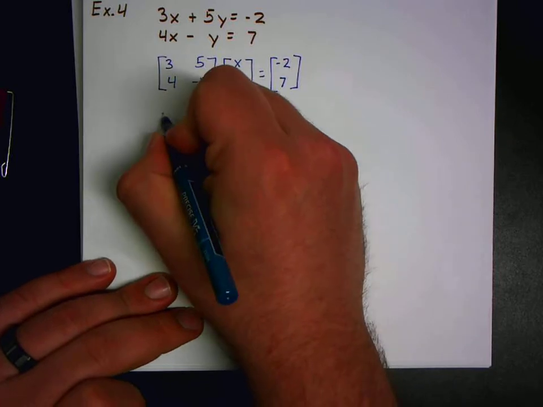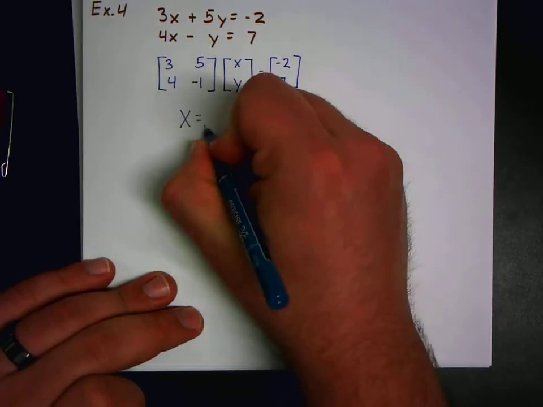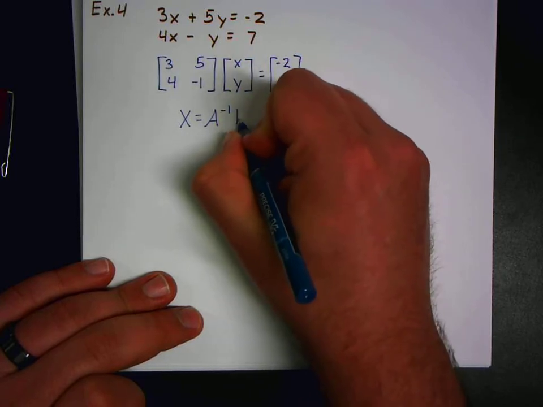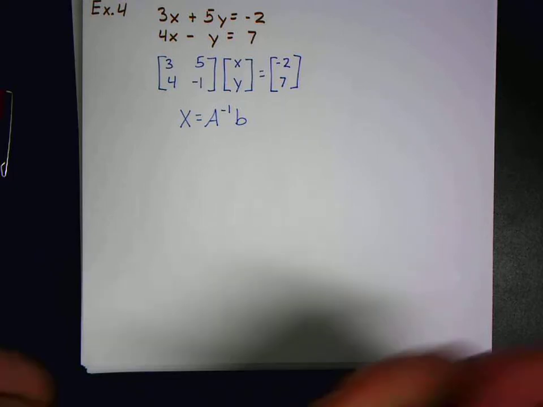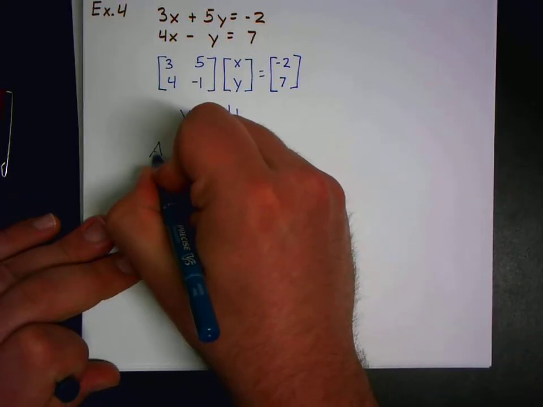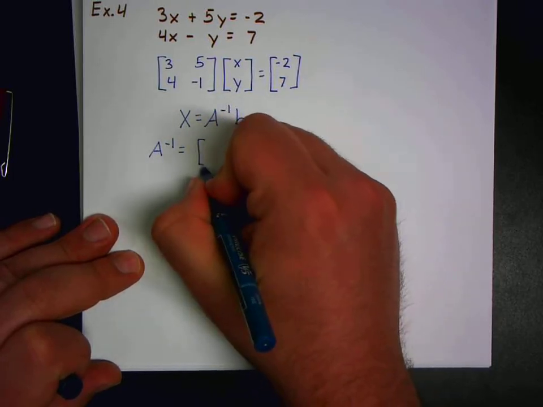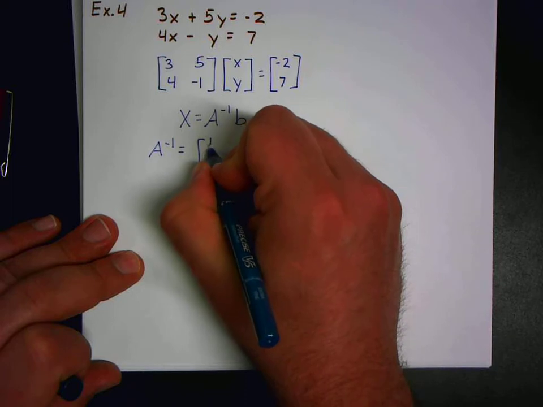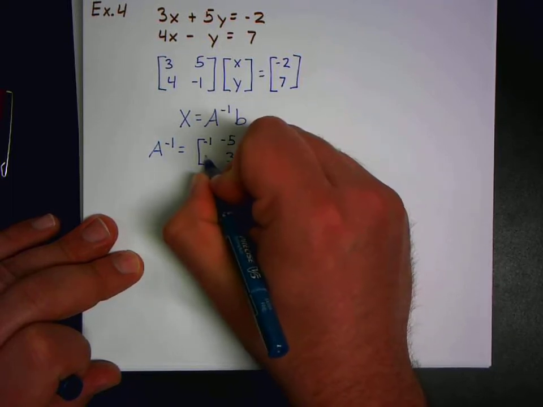Okay, so according to what we just figured out, we can solve it by doing this. We just need to figure out what A inverse is. So A inverse, we take this matrix, we swap the -1 and the 3, and we change the signs on the 5 and the 4.